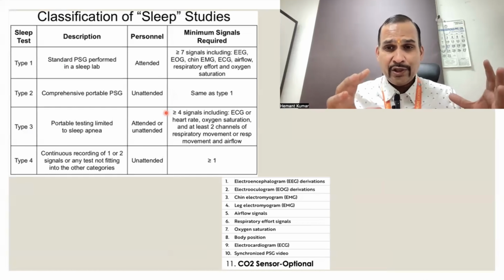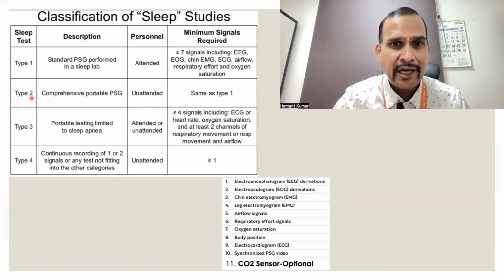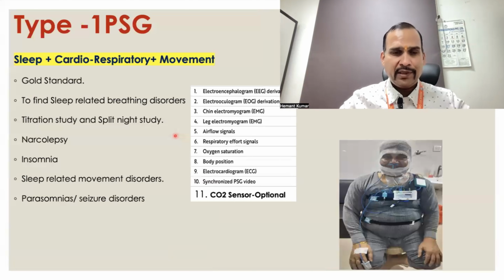So based on these sensors, how many sensors are you using in your patient? Based on the number of sensors used, sleep study is divided into four types: type 1, type 2, type 3, type 4. I'll tell you individually what is type 1, type 2, type 3, and type 4.